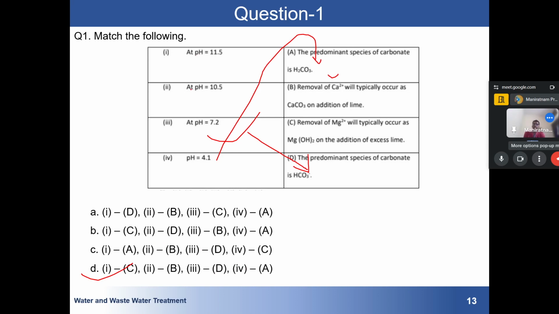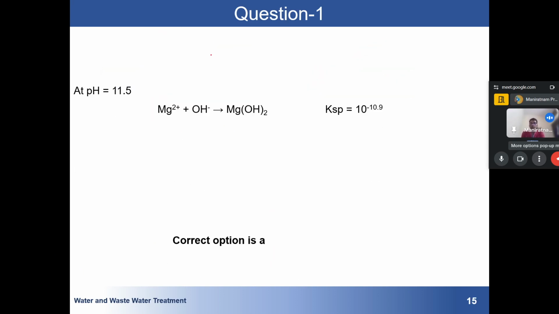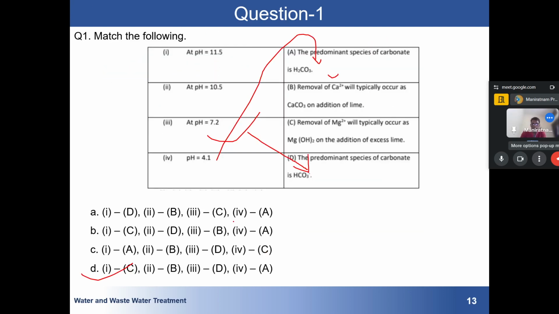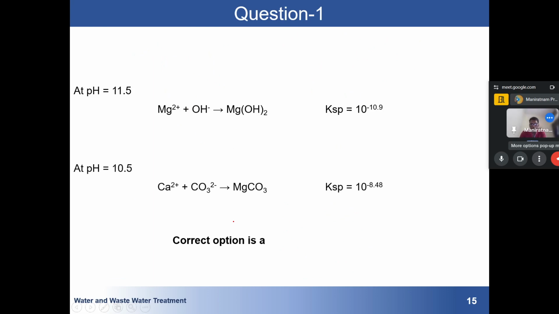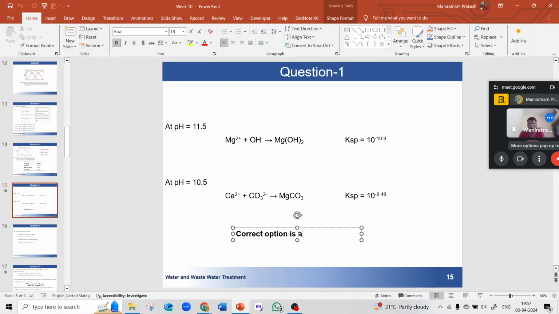But still we will be discussing options one and two also. I have written something wrong. The correct option is A. No, the correct option is D.